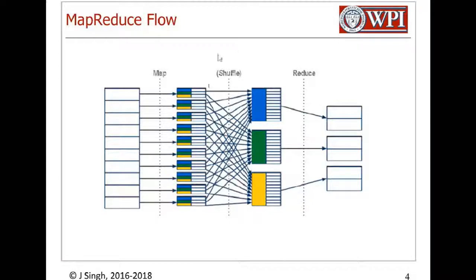And then there's this intermediate shuffle step, which basically says take all the blues, put them in one place, take all the greens, put them in another place, and the yellows, and then have the reducer do what got specified in the reduce, and we get our results. I mean, it's pretty simple. What we will discover in the next few slides, and actually in the next few lectures, is how this formulation actually helps us do a number of very interesting computations in a general kind of way.